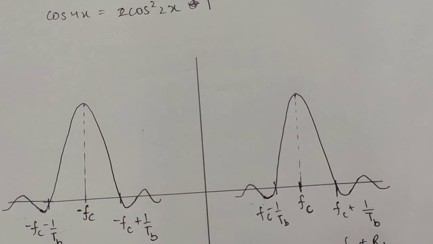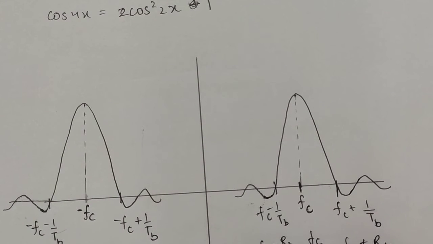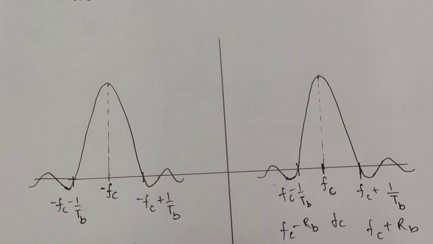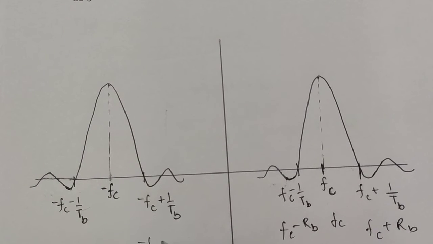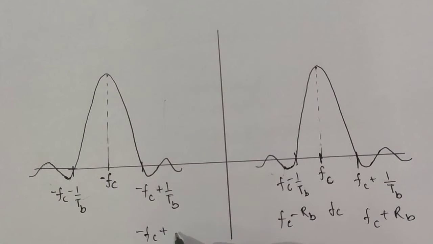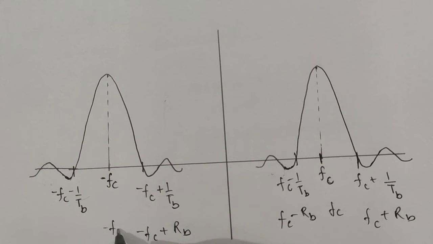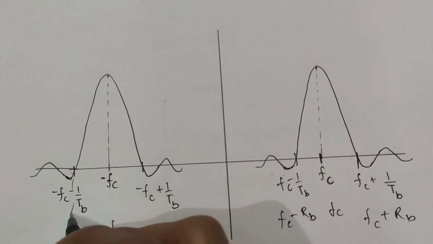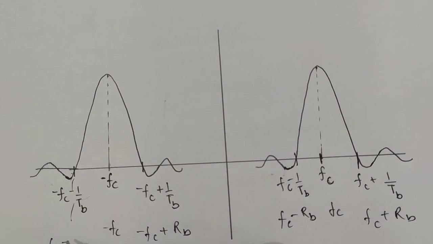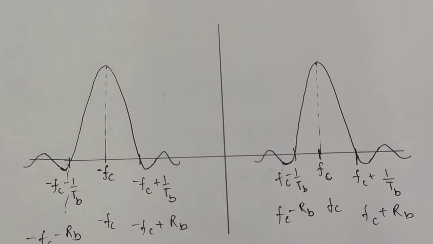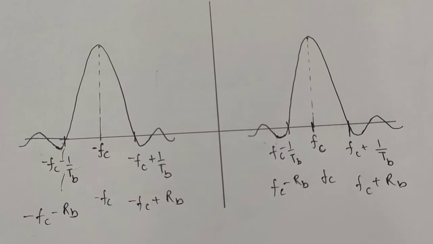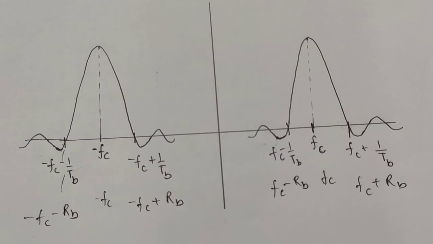So we have fc plus Rb, fc and fc minus Rb. Here also this is minus fc plus Rb, minus fc, and minus fc minus Rb. This I did in the first part, you can check that video.